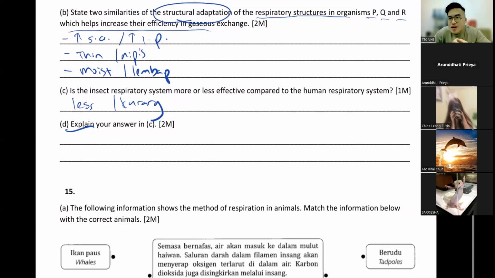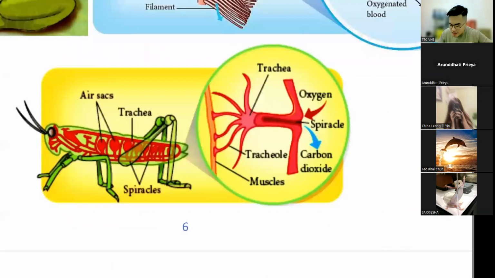If you're a small bakery, maybe 5 people buy cakes from you today. So you can just deliver the 5 cakes yourself. So this is how grasshopper do. The respiratory system will straight away dissolve their gas into the muscle.